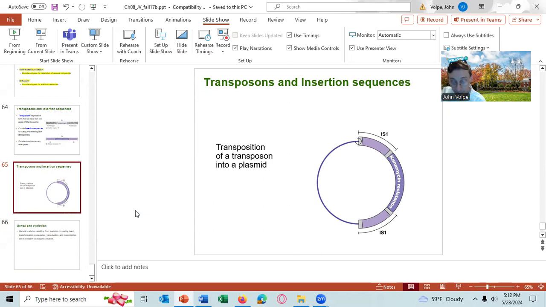And transposons can shuffle up the DNA even more so than recombination. Transposons can also speed up the transfer of a gene from one cell to another by moving the DNA from the chromosome into a plasmid. And plasmids are just more likely to be shared between cells than chromosomal DNA. Any question about any of that?